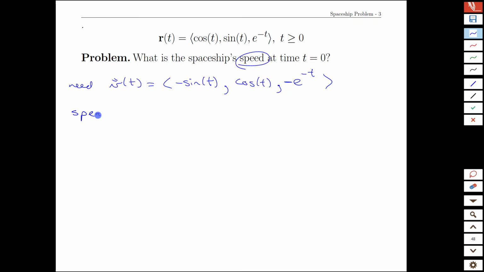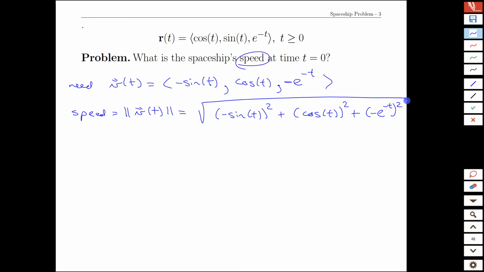Speed is the magnitude of the velocity vector, and so that's the square root of each component squared added up together. So negative sine of t all squared plus cos of t all squared plus negative e to the negative t all squared.